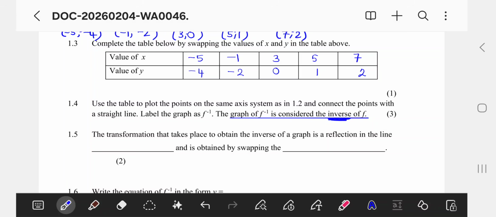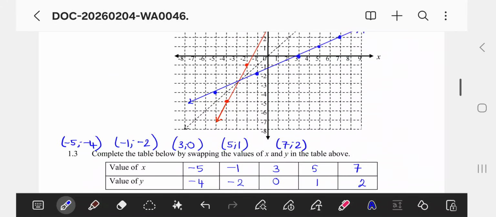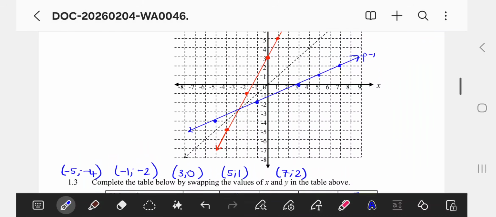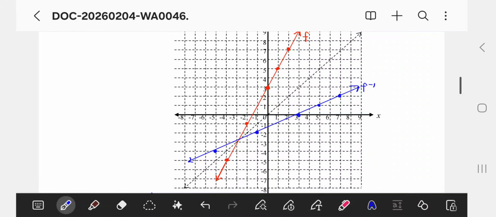And what we have noticed so far is that in order for us to draw the inverse of that graph, what we did was we swapped the x and the y values for f. And by swapping the x and y values, and when we plot those points, it now gives us the inverse of f. So we have established a simple way to draw the inverse of a graph is to swap the x and y values.